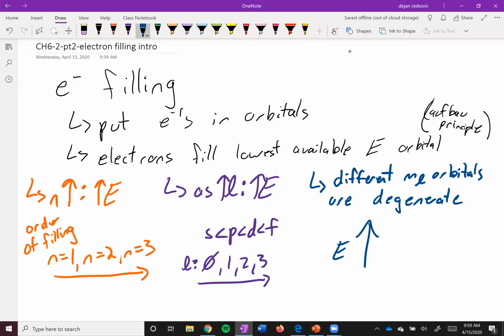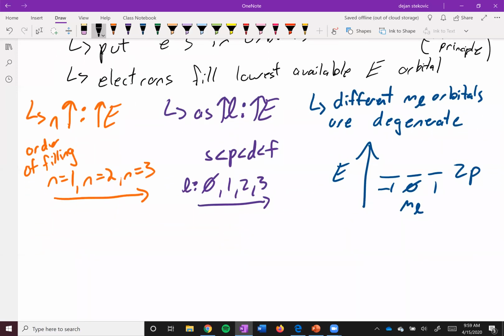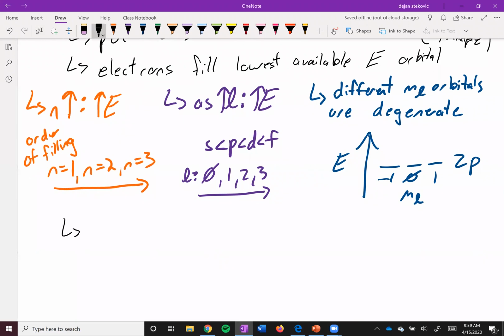If we're thinking about energy here, let's take a look at a 2p orbital. Remember, there are 3 p orbitals, so m sub l can be -1, 0, and 1. And you can see that they're all the same energy level. They're degenerate. Some other things you have to keep in mind is that there are only 2 electrons per orbital. If you think of these orbitals as little houses, there are only 2 electrons per house.